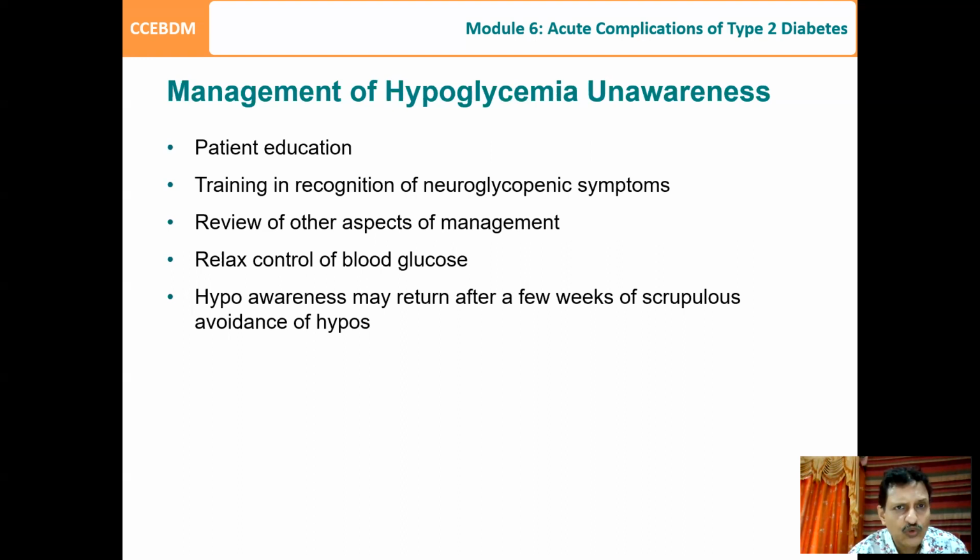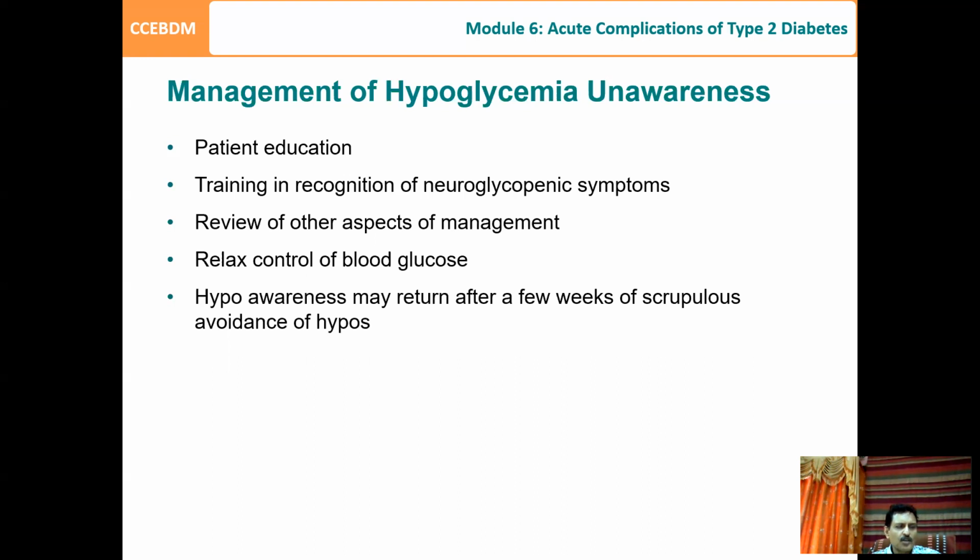What we need to do is educate the patient and train the patient to recognize the neuroglycopenic symptoms and get himself or herself treated immediately, because he will not face the adrenergic symptoms. We have to look into the management strategy of the patient, and if the patient is in tight glycemic control, we have to relax the control and avoid hypoglycemic episodes for at least 2 weeks.